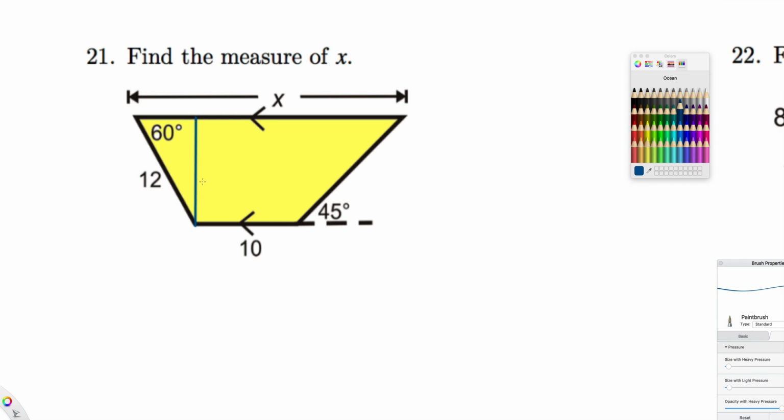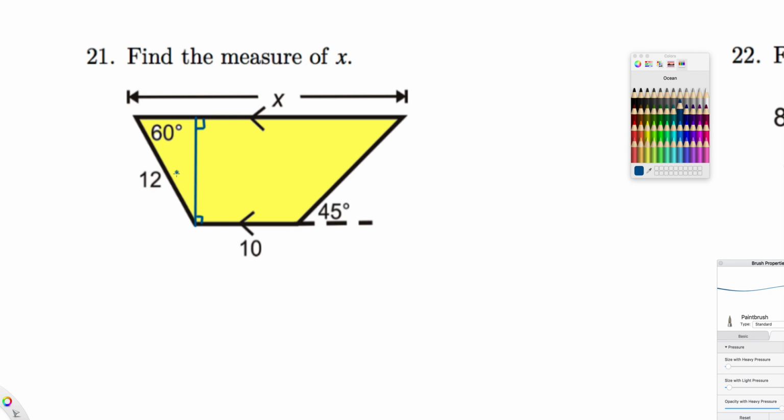If I were to drop an altitude here, that gives us two right angles, and this length right here would be a smaller 30, 60, 90 triangle.